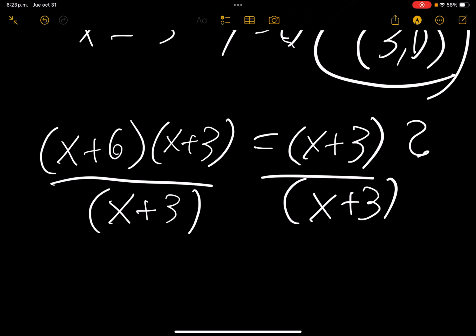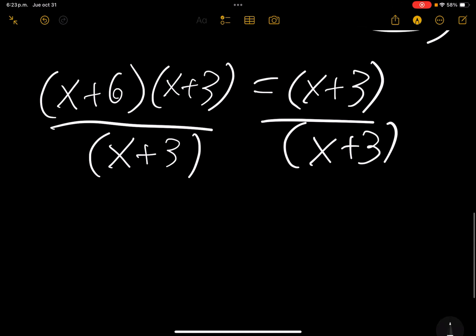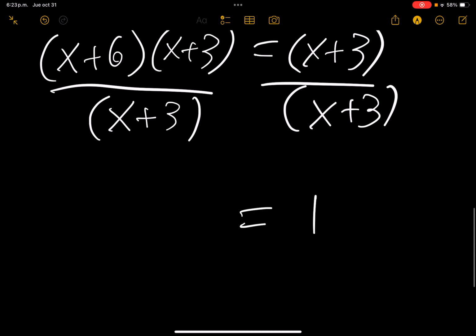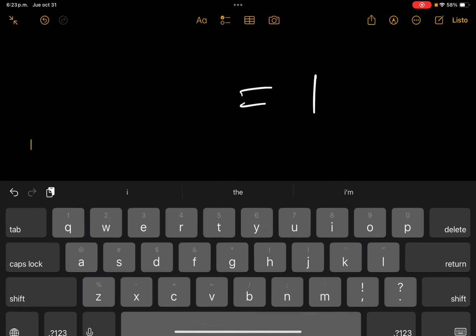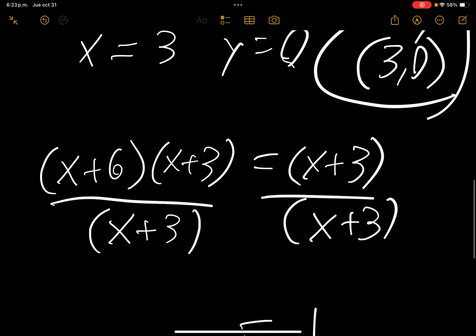Over here, what's x plus 3 divided by x plus 3? Well, it's something divided by itself. So in the same way that 8 divided by 8, or 9 divided by 9, is equal to 1, this also equals 1 for anything. Over here, same story. x plus 3 divided by x plus 3. Doesn't matter the order you do that in. You don't have to divide by the x plus 6 first.